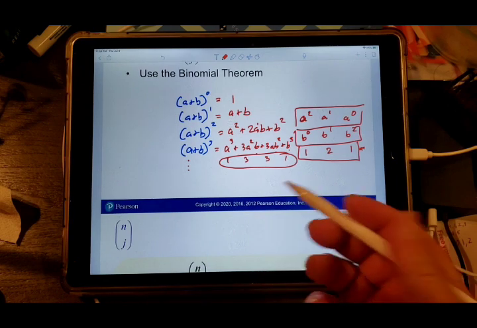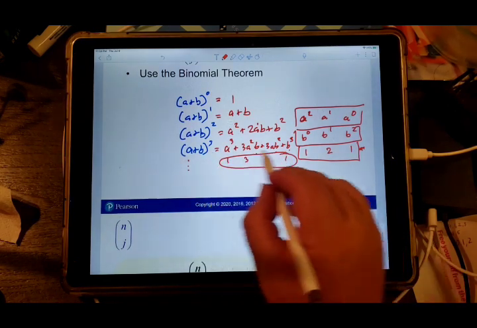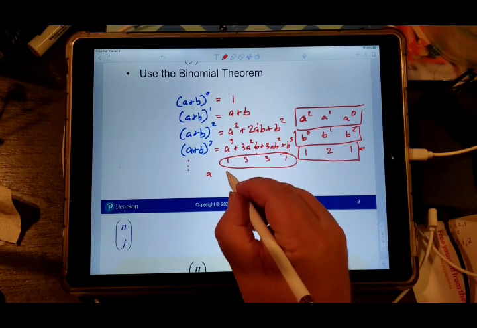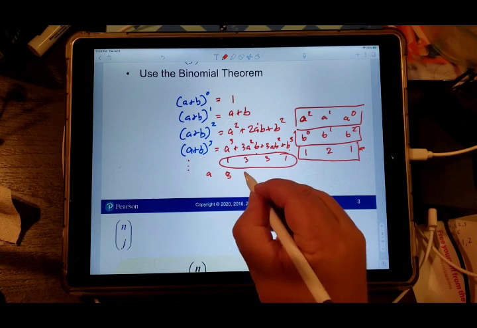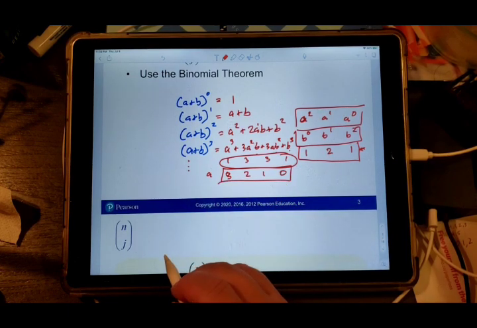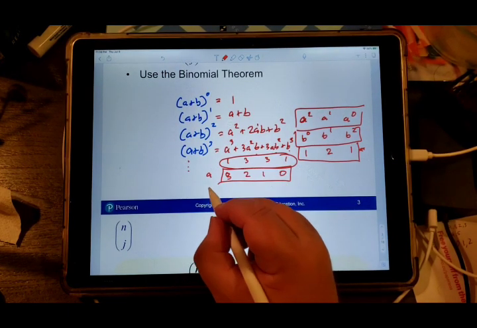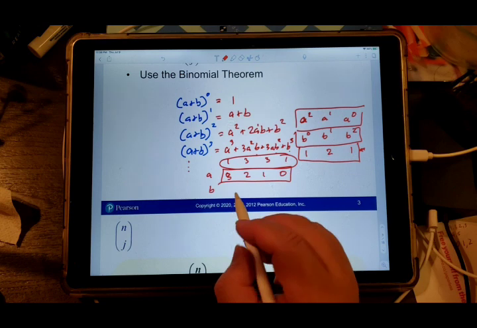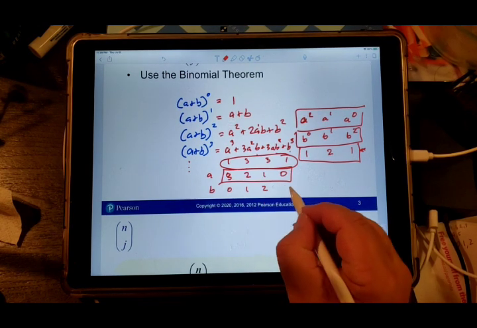In other words, the exponents on a are 3, 2, 1, 0, one of the first patterns you might have learned in your lifetime. And the pattern for b is even more familiar, 0, 1, 2, 3.